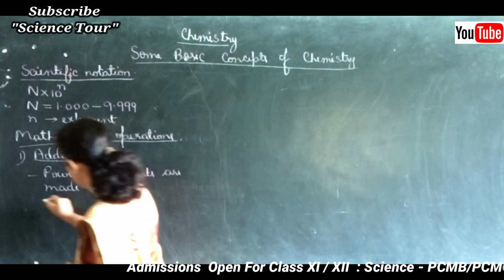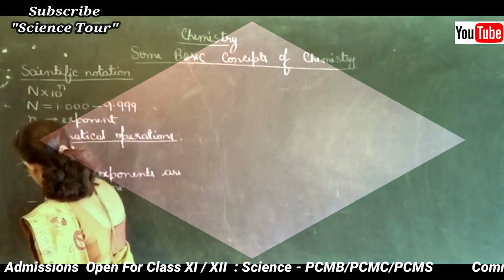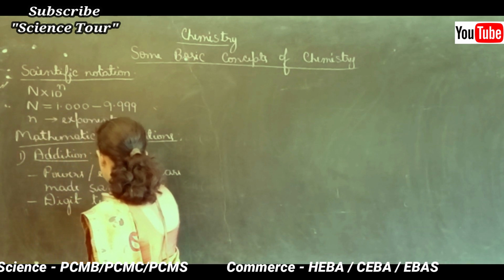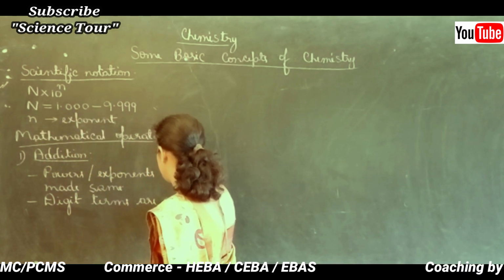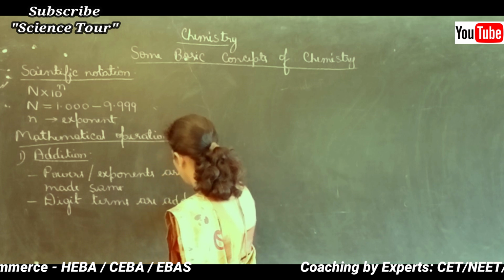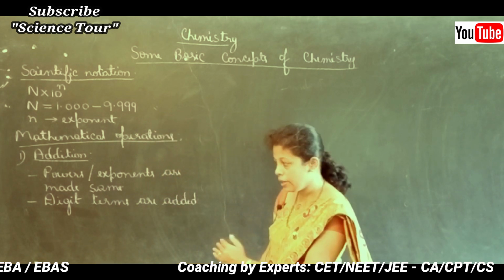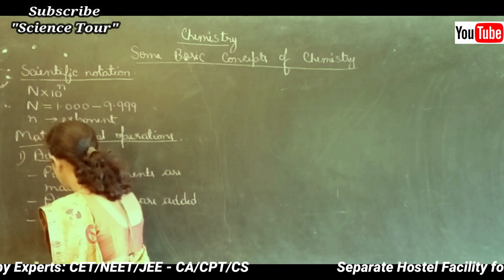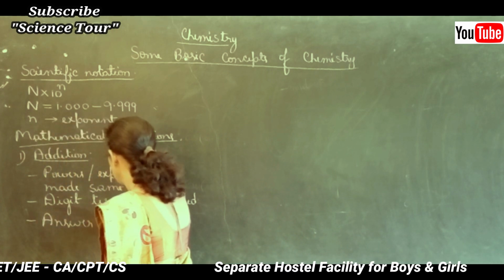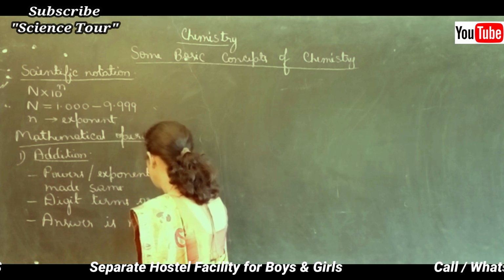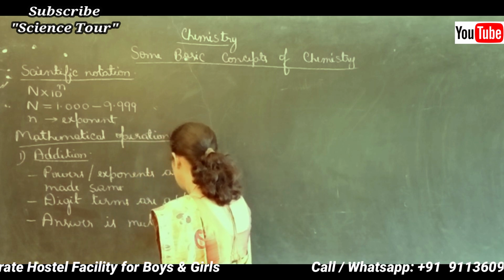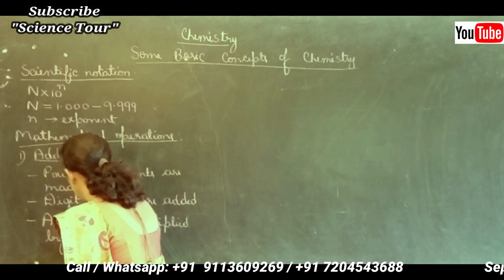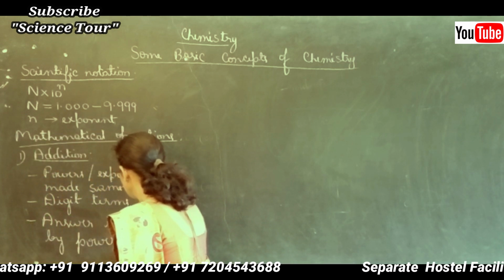After that, digit terms are added. Then, after adding the digit terms, the answer obtained is multiplied by the power of 10, which is common.